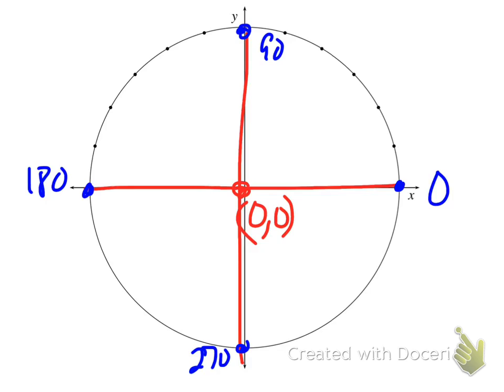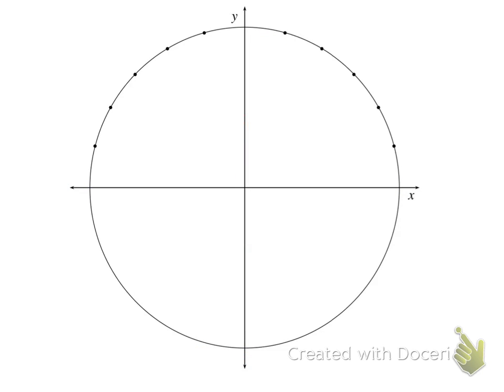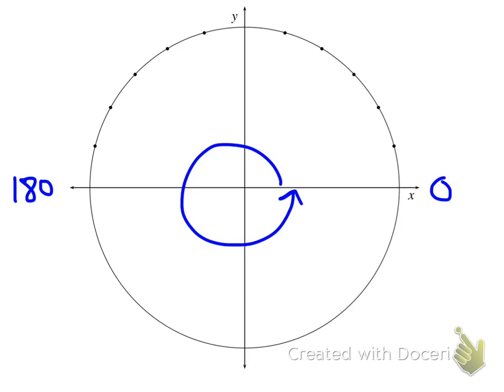After that, taking a look at 0 degrees right here and 180 degrees on this side, the whole circle is 360 degrees all the way around, so 0 is the same as 360.